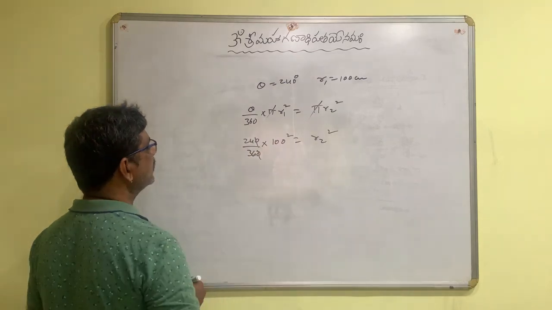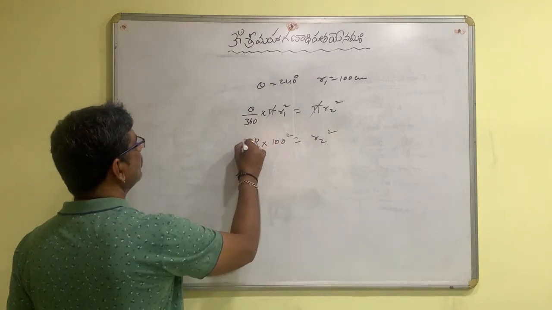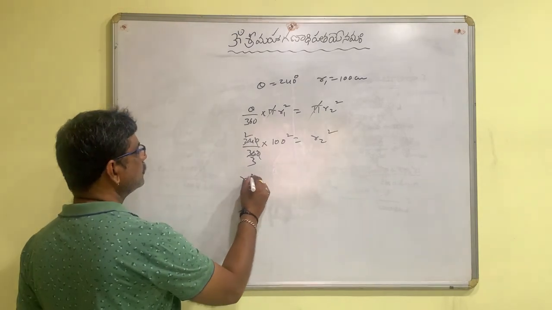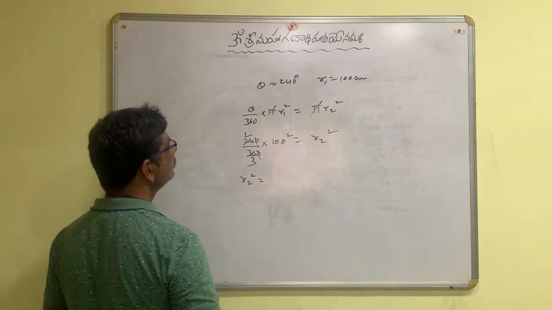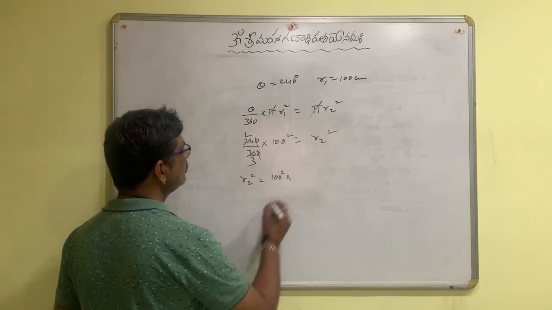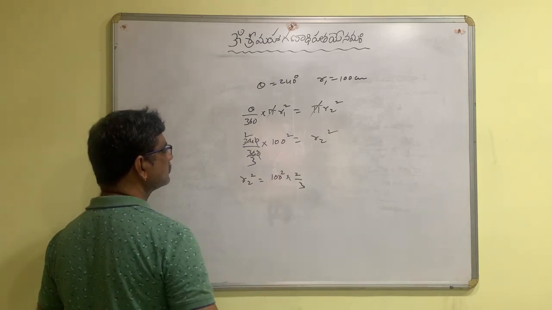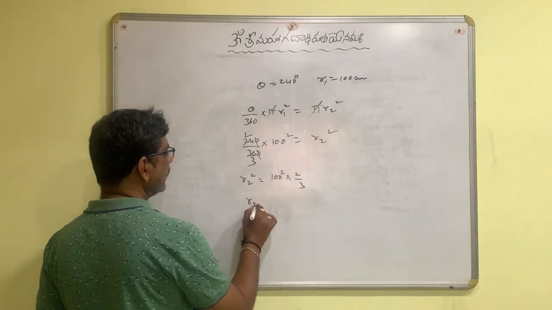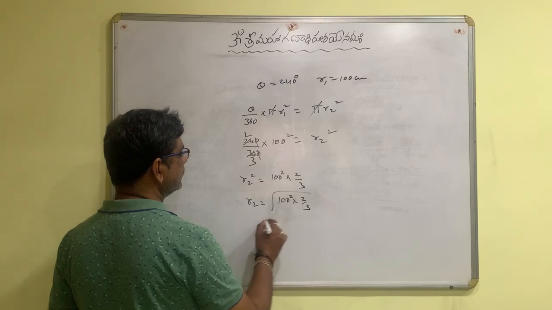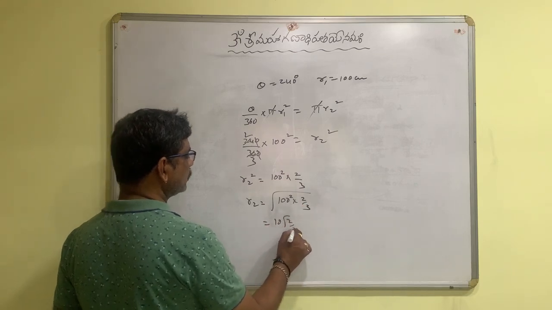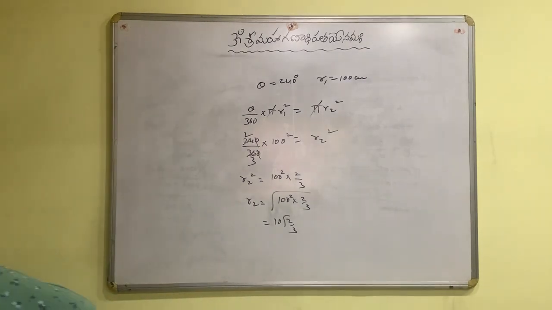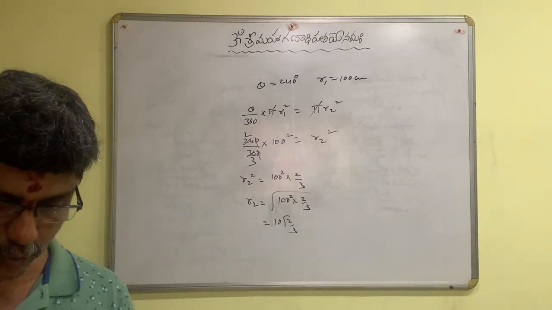So 0 cancel, 2 3s are 6, so r2 square is equal to 100 square into 2 by 3. Then the radius is root over 100 square into 2 by 3, that is 10 root 2 by 3. Radius of the new circle is 10 root 2 by 3.